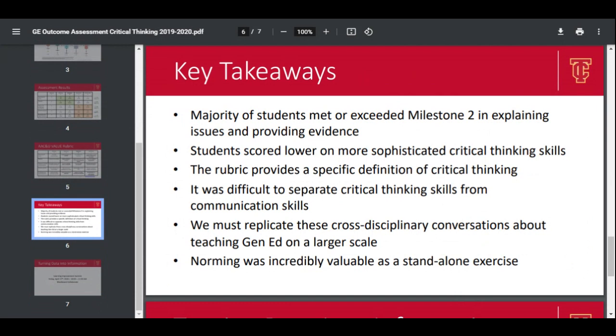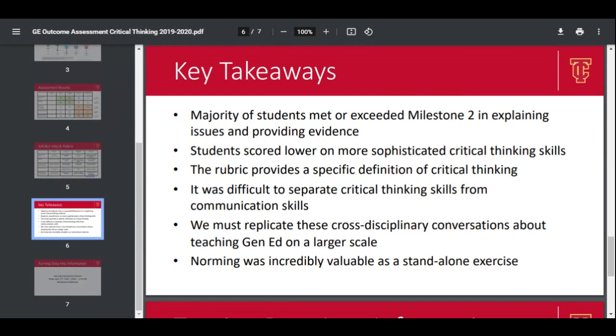So we've had conversations across campus, and I invite you, absolutely, please look at these results. Look at areas where you can find connections to try and better serve our students in those areas related to critical thinking. Seeing these results helps us get a perspective as to how we can change things in the classroom in our teaching and learning to improve the level.